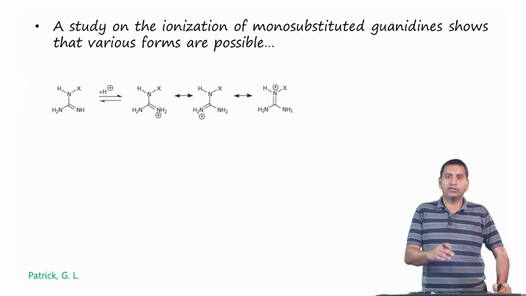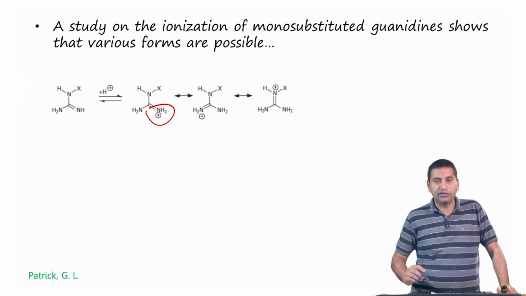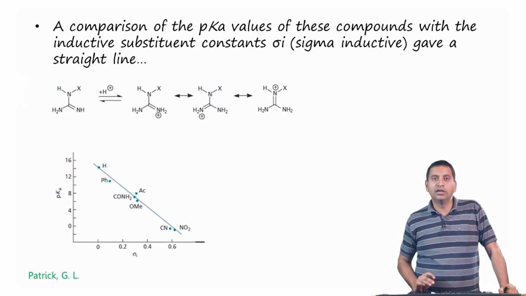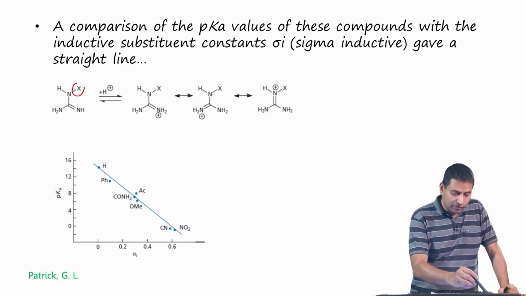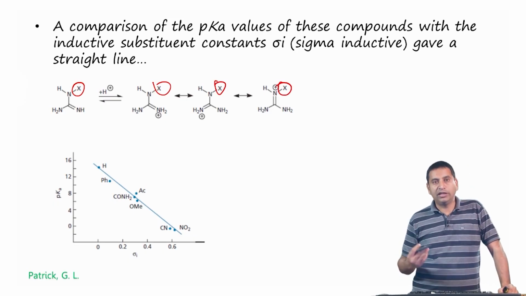If you look at the various guanidines that are shown here, it can nicely get protonated and exist in these resonance forms. Now, what was done was they varied this side chain or substituent X with various functional groups.